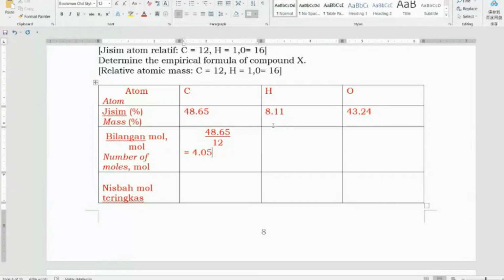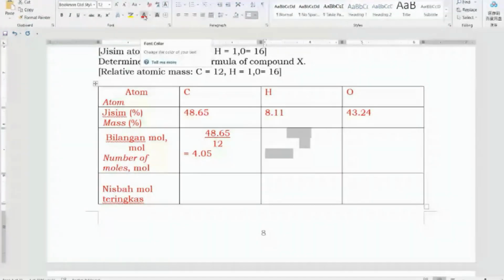Okay, how about the hydrogens? Hydrogen. Trinity, what is your answer? Faris said is 8. Take out some 2 decimal places. 1.11. How you get 1.11?